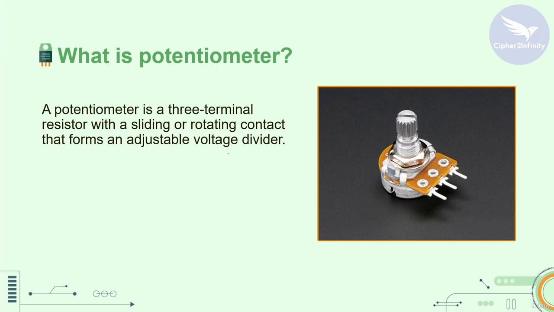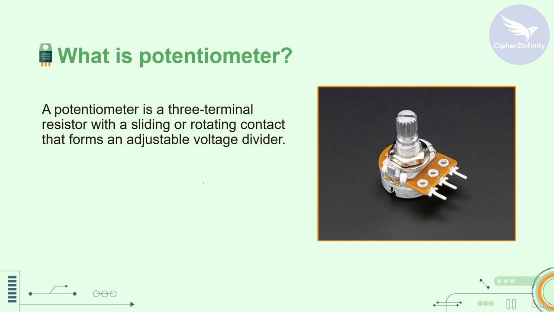There are actually 2 purposes of the potentiometer and we are going to discuss them in this video. The first purpose is that it is used as a variable resistor, and the second is that it is used as an adjustable voltage divider. In the previous video, we discussed that a resistor has a fixed resistance, for example 1 kilo ohm, 2 kilo ohms, 10 kilo ohms.